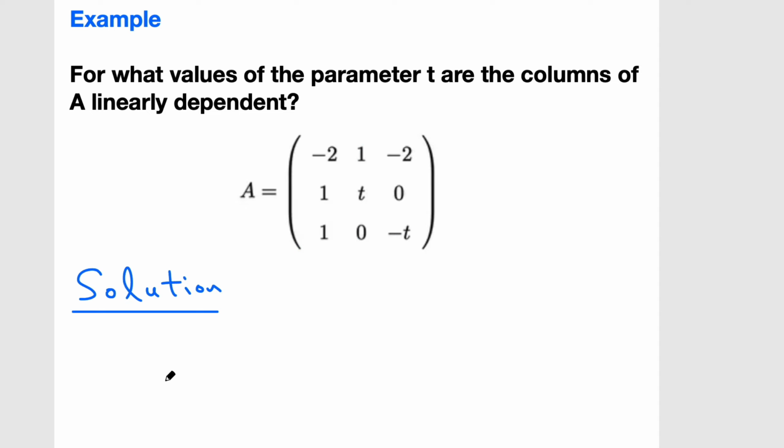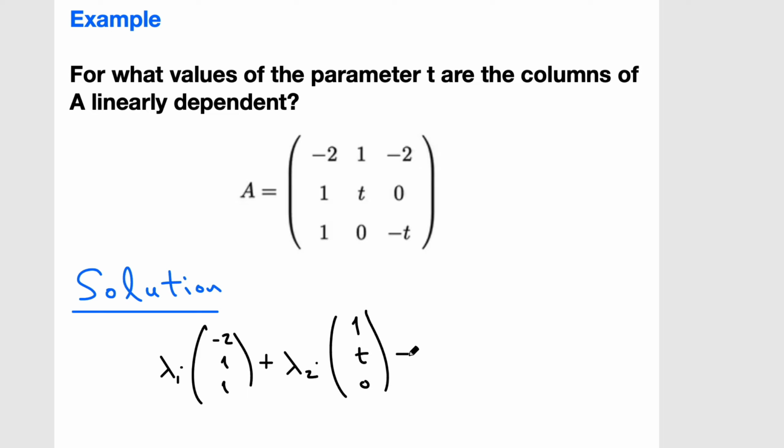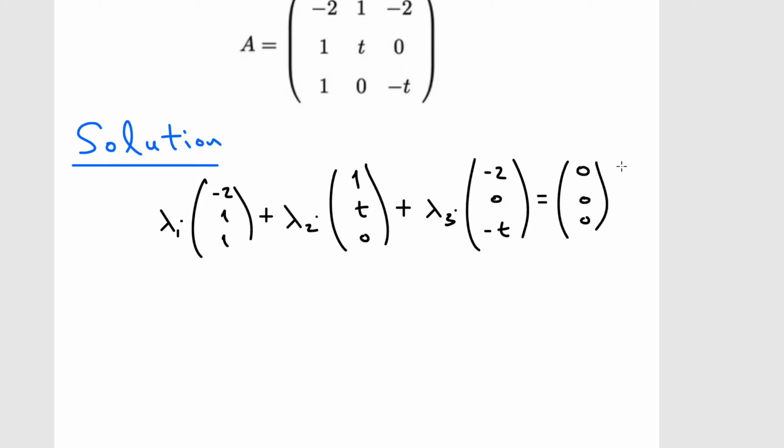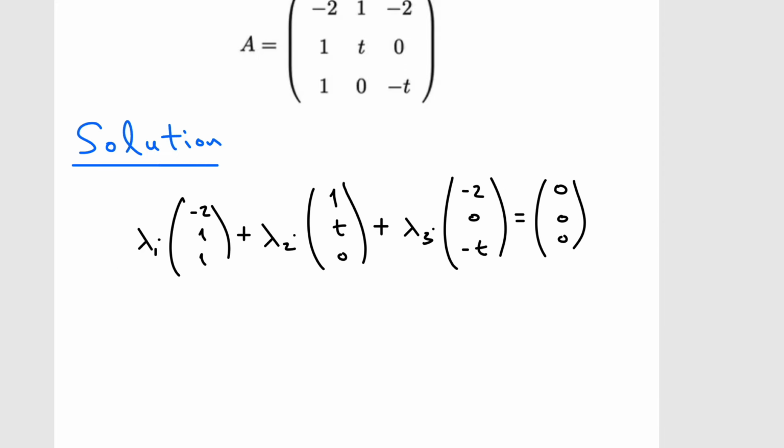That means that if we take scalars, say lambda 1 times the first column, plus lambda 2 times the second column, plus lambda 3 times the third column, and compare that to 0, then there should only be the trivial solution. In other words, we need to prove that lambda 1, lambda 2, lambda 3 are 0.